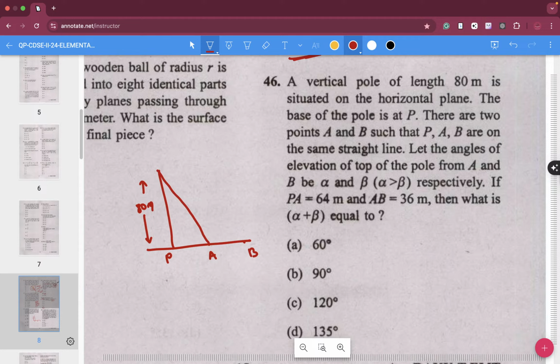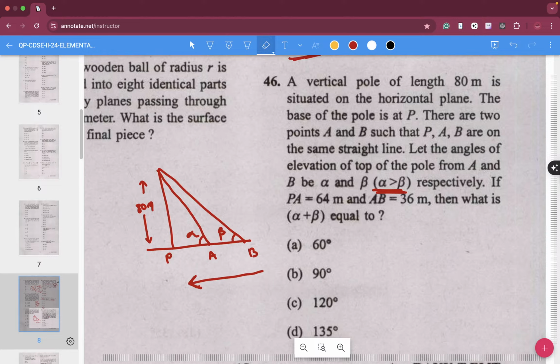So from here this is the angle of elevation, this is your alpha, and over here this is beta. They have also given that alpha is greater than beta. As you move towards the base of the pole, the angle increases, which is why alpha is greater than beta.